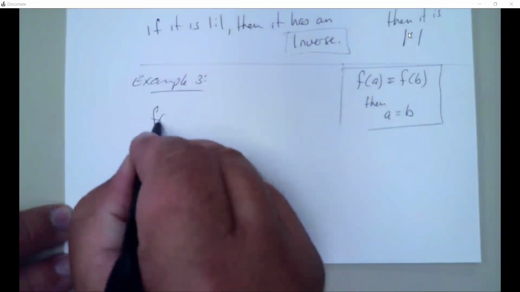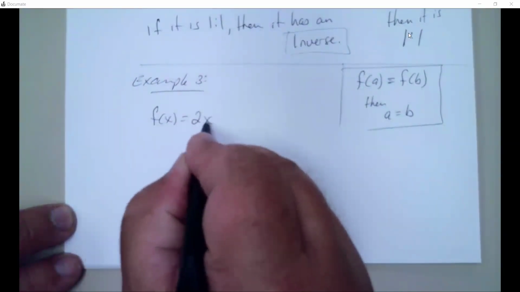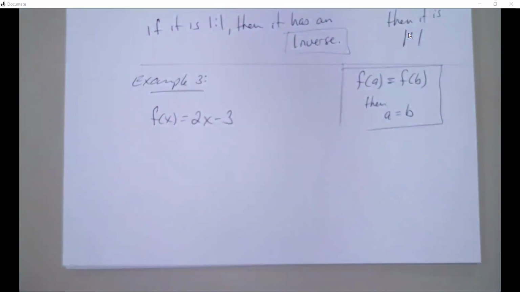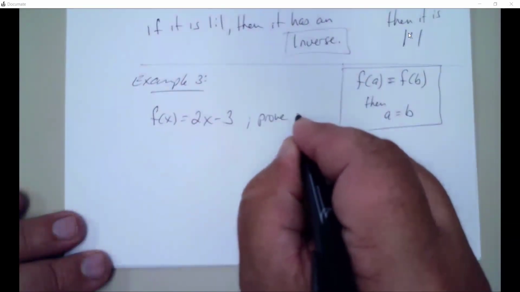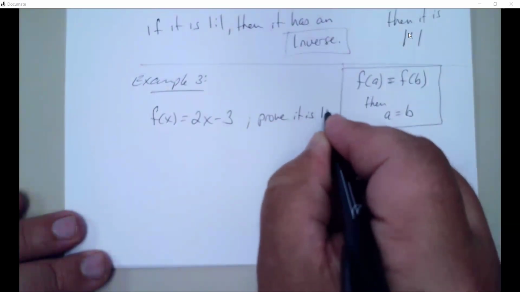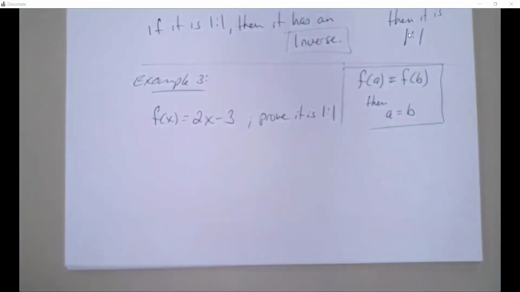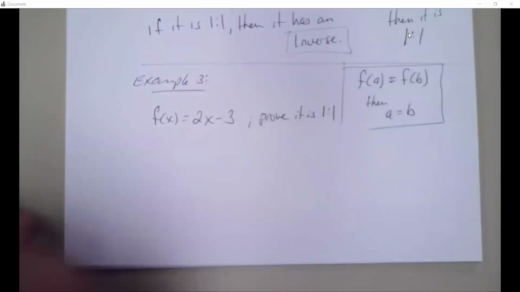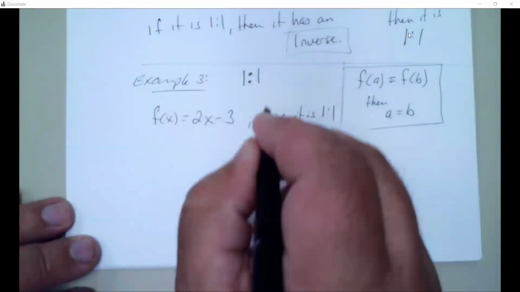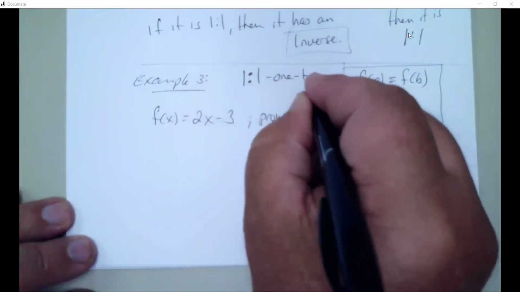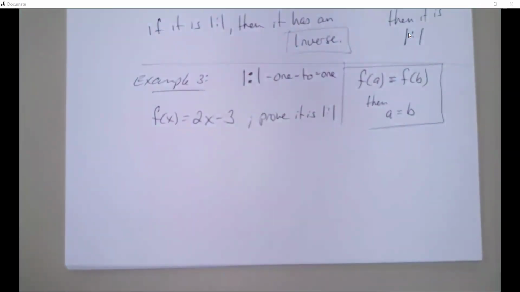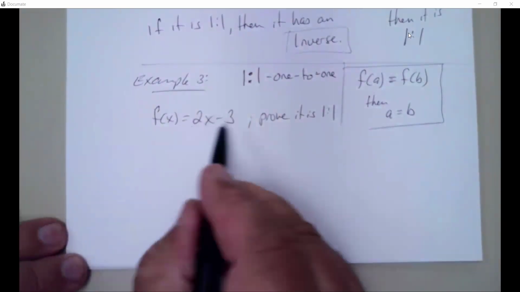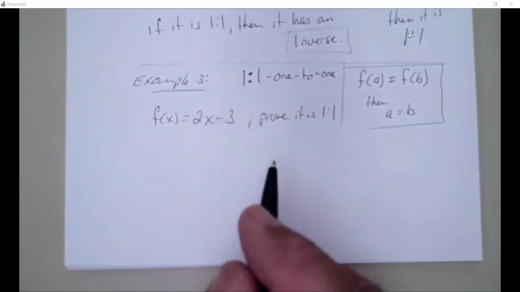For example, f of x equals 2x minus 3. Prove that it's 1-to-1. If it's 1-to-1, then it has an inverse.